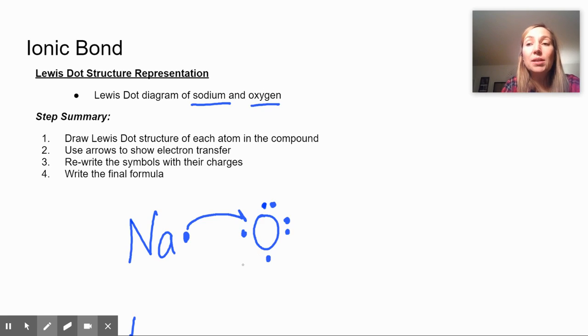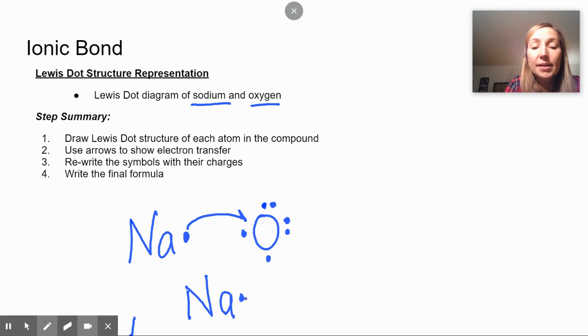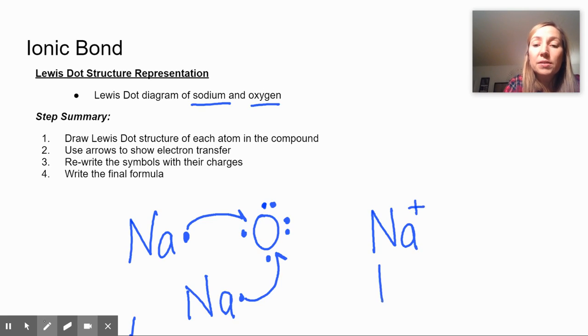We only have sodium and oxygen to work with in this problem, so we have to add another sodium atom. So what we'll do is draw in another sodium atom, and we'll depict it giving up its valence electron to this other spot on oxygen that needs to gain an electron. So in our final compound, each Na is positively charged because each sodium loses an electron.